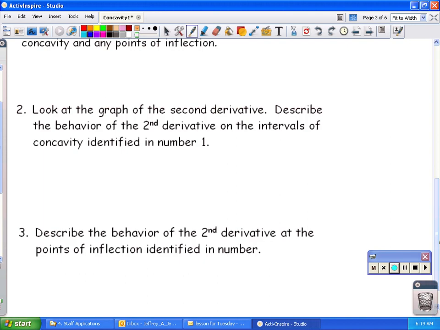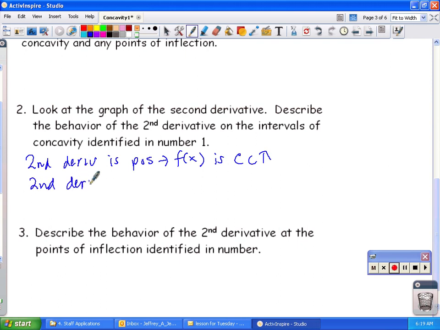Again, number 2 said compare the second derivative. If the second derivative is positive, f of x is concave up. If the second derivative is negative, the original function f of x is concave down.